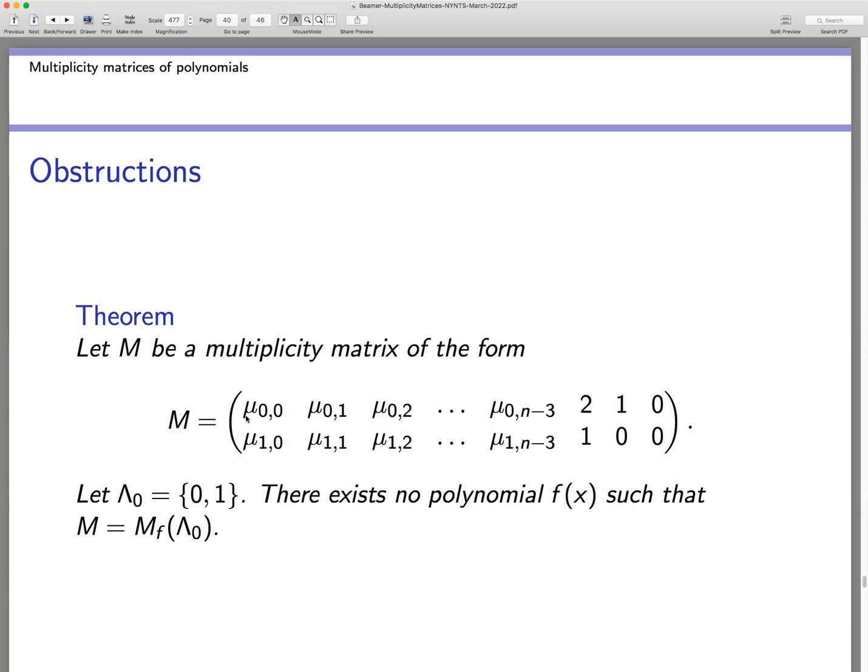There are two variables, 0 and 1. It would correspond to a polynomial of degree n if there were such a polynomial. There are n+1 columns in this matrix. I don't care at all about the first n-2 columns, but the first row ends 2, 1, 0, and the second row ends 1, 0, 0. And I claim that there exists no polynomial of degree n, of course, for which this is the multiplicity matrix.